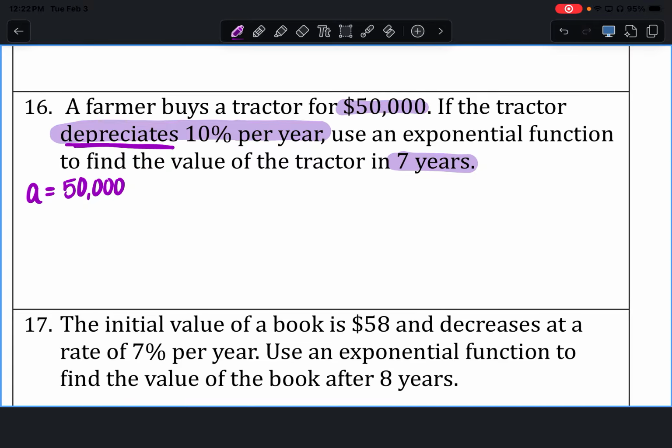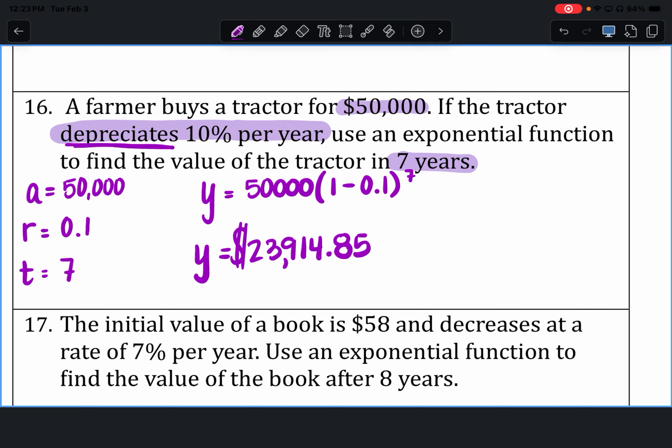Point. All right, and that is money. So that is $23,914.85. After 7 years, that value has depreciated quite a bit, right?